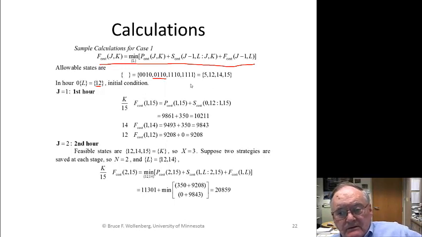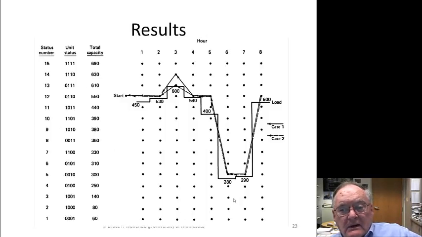These are the states that we can look at, and we're looking to the second hour, and these are the feasible states there, 12, 14, and 15. So here we can go 15, 14, 12, and you get the minimum cost, and we record that minimum cost as the best path.